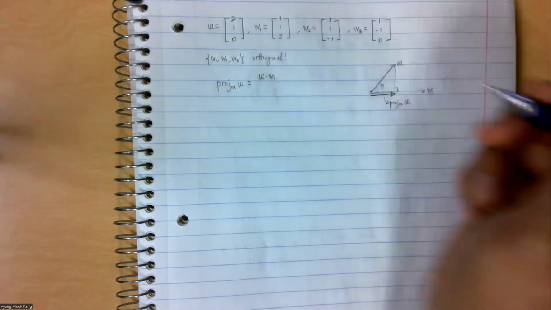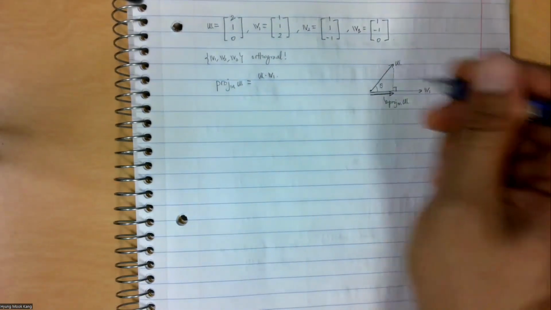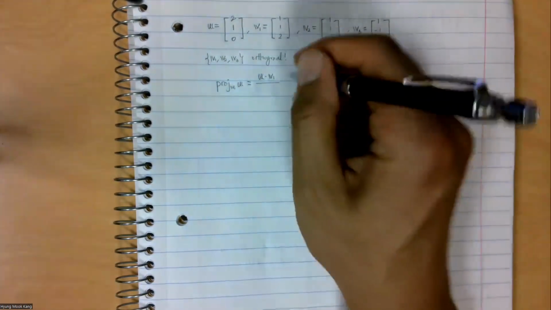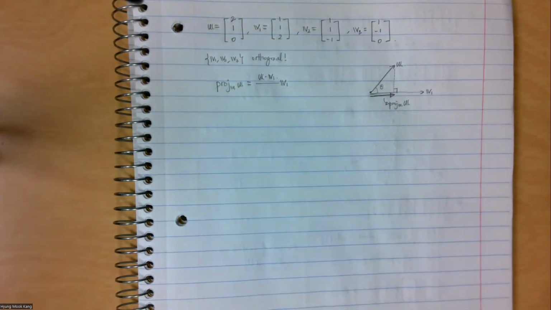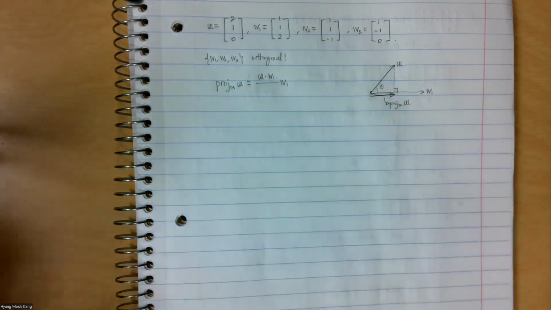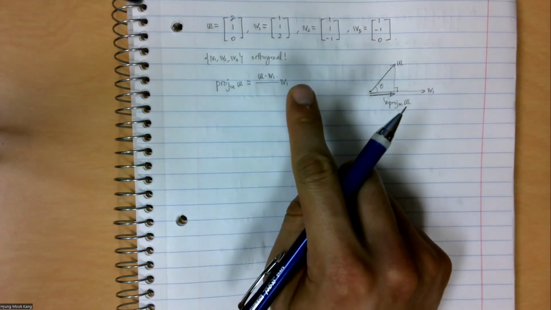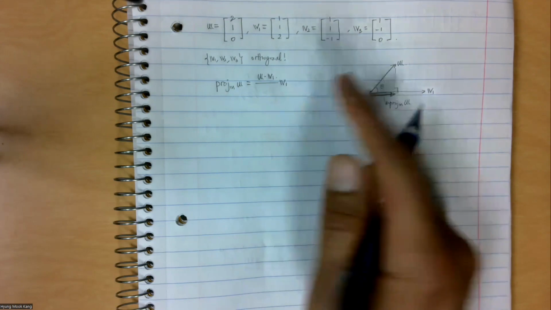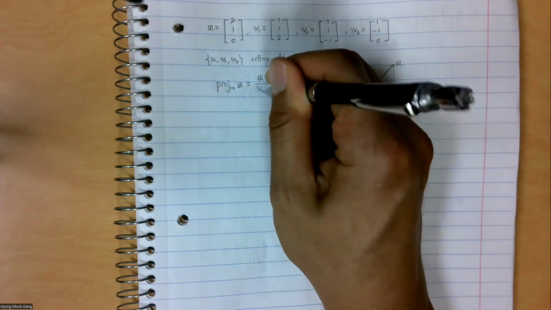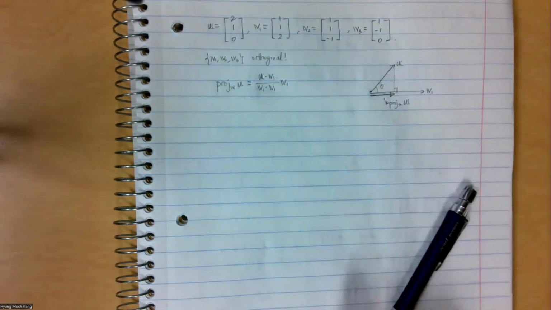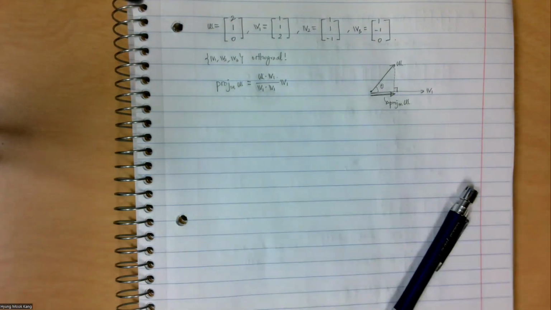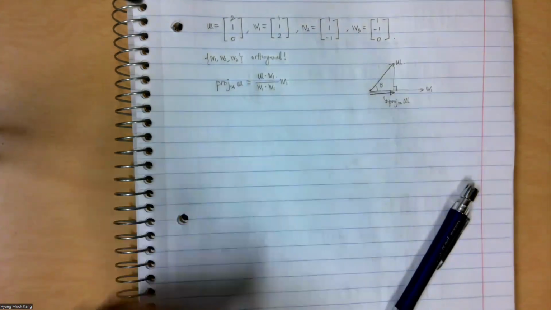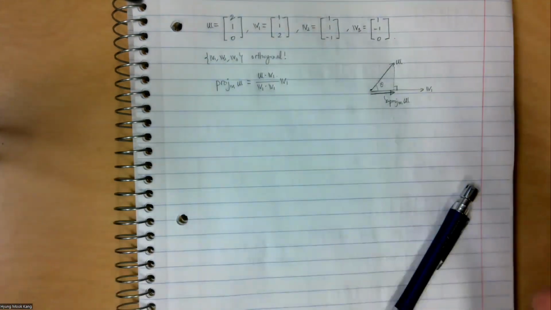But what we want to do is to make the direction into V1, like this. So U inner product V1 is a scalar value. In order for us to make it a vector value, you want to put in V1. But also, you want to divide by V1 inner product V1, which is just the square of the length of V1, because cosine 0 is just 1.